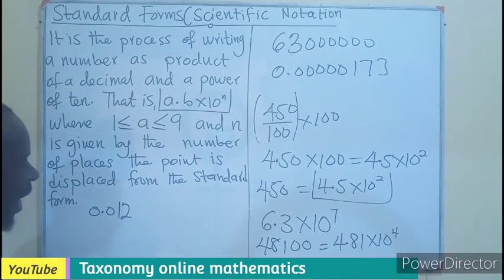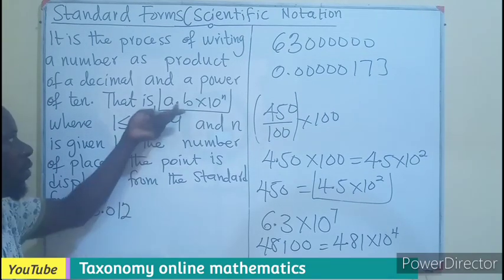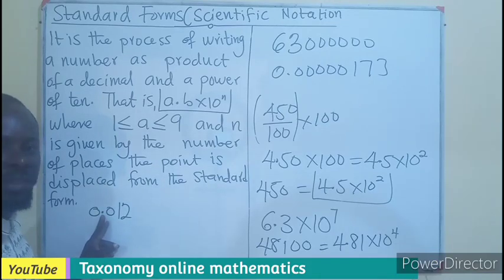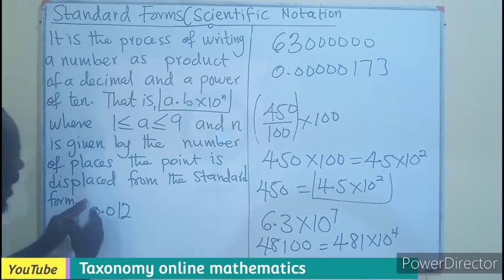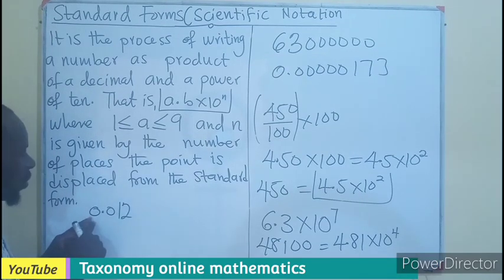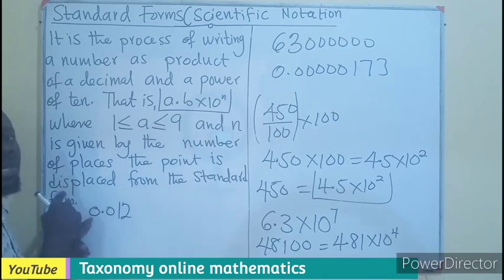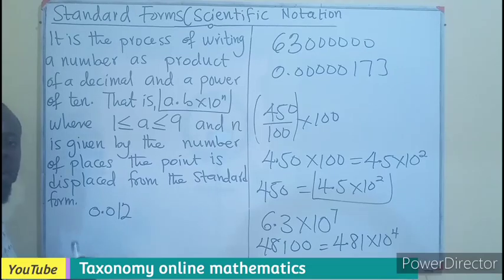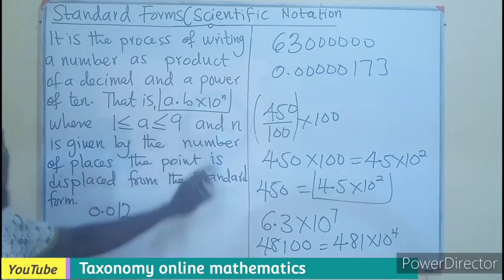We want to write this number in this form, where in this case there is already a decimal point. But the number that comes before the decimal point, 0, is outside this range. It means we need to move the point a certain number of times so that the first number before the point becomes a number in this range.